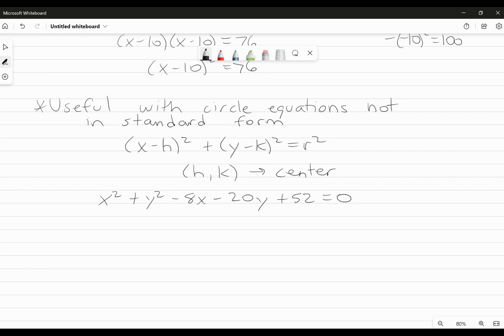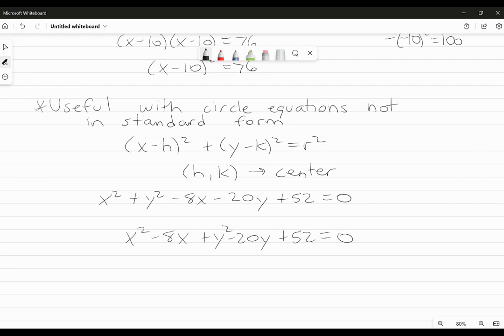They're not like terms, but they have the same letters. Remember, with the commutative property of addition, it doesn't matter the order you add things. So I'm going to put the x squared with the 8x. So it's going to be x squared minus 8x plus y squared minus 20y plus 52 equal to 0.